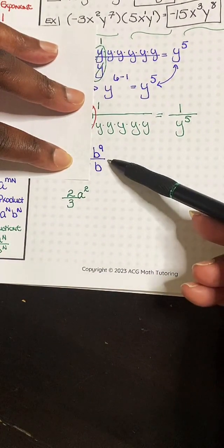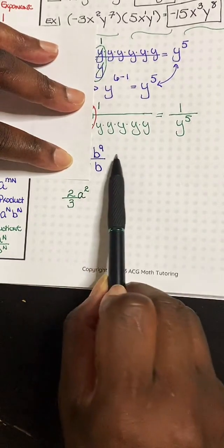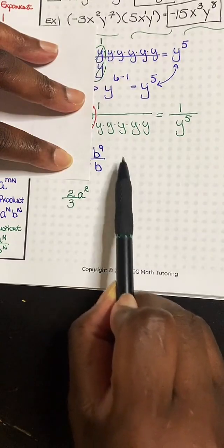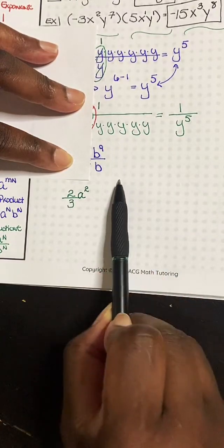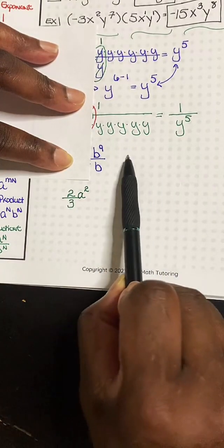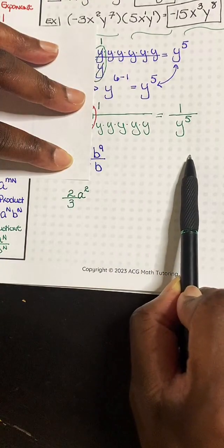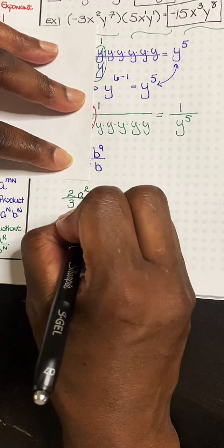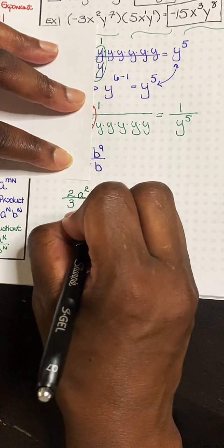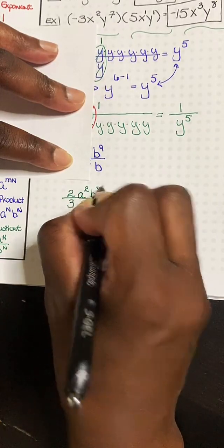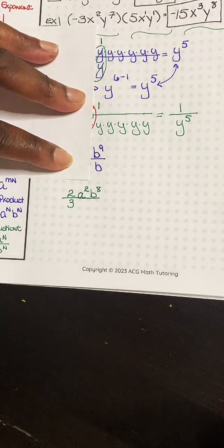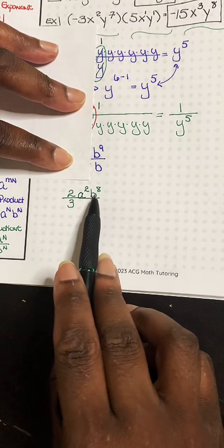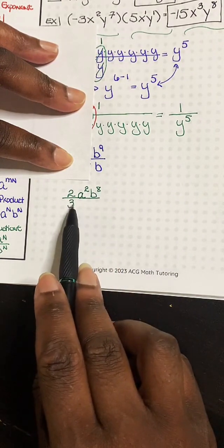So if I want to, I can do the extended form of 9 B's and the 1 B. There's only 1 B that's going to cancel out, and there'll be 8 B's left in the numerator. Okay, so we have 2 times a squared b to the 8th over 3.